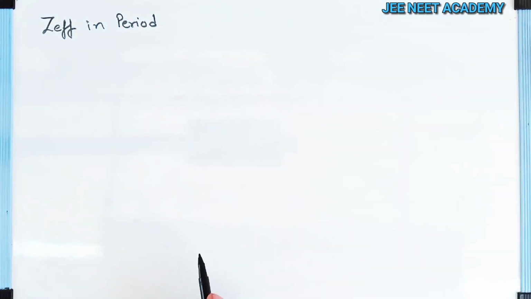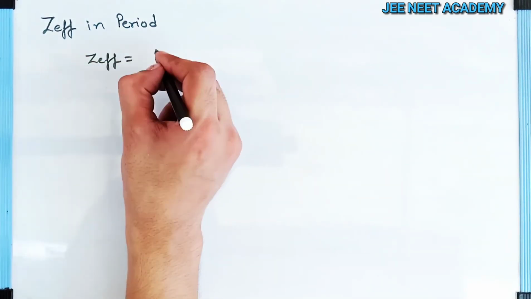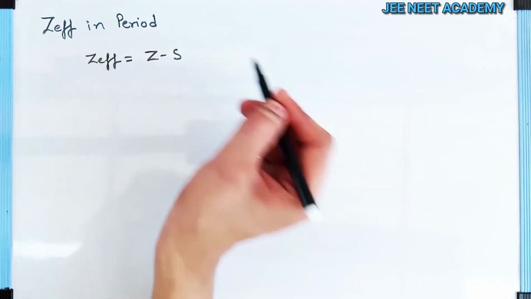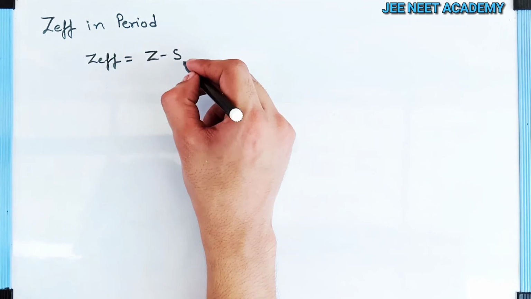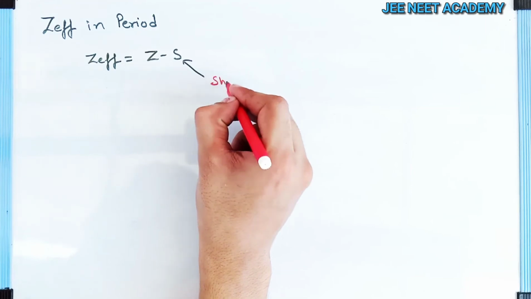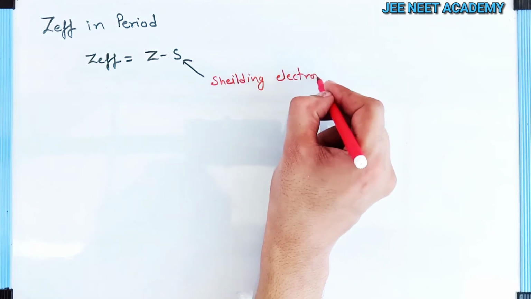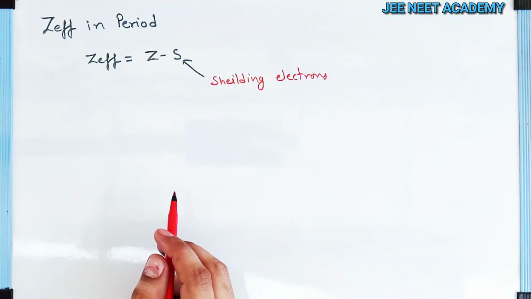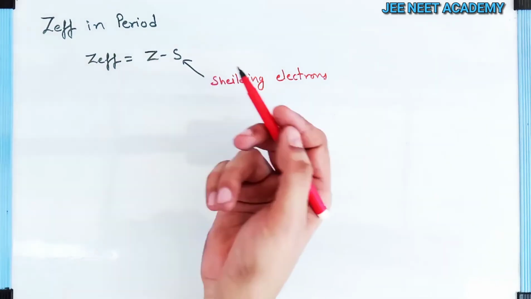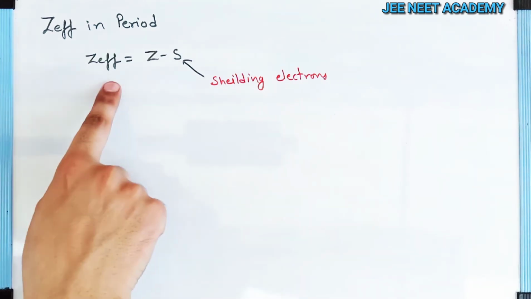In a period, Z effective is equal to Z minus S. Here S is the shielding electrons, and Z is the total number of electrons present in one atom. So Z effective in a period will increase from left to right, and we can calculate this from this formula also.